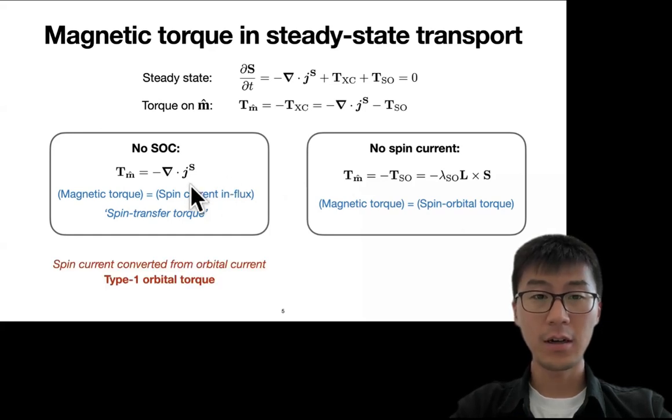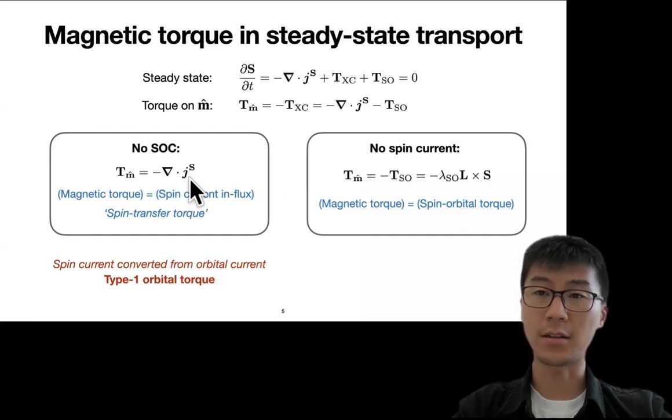First, in the spin current here, the spin current could be coming directly from outside, but it could actually be converted from orbital current, as we have discussed in part 2 of the tutorial. I would like to call this first type orbital torque, because fundamentally this is not so different from spin transfer torque, just that the spin current is prepared from orbital current.